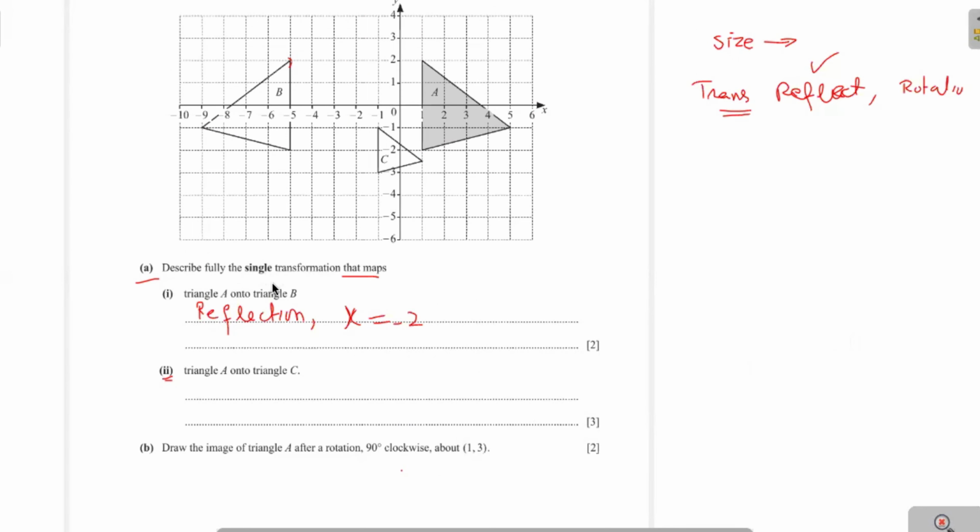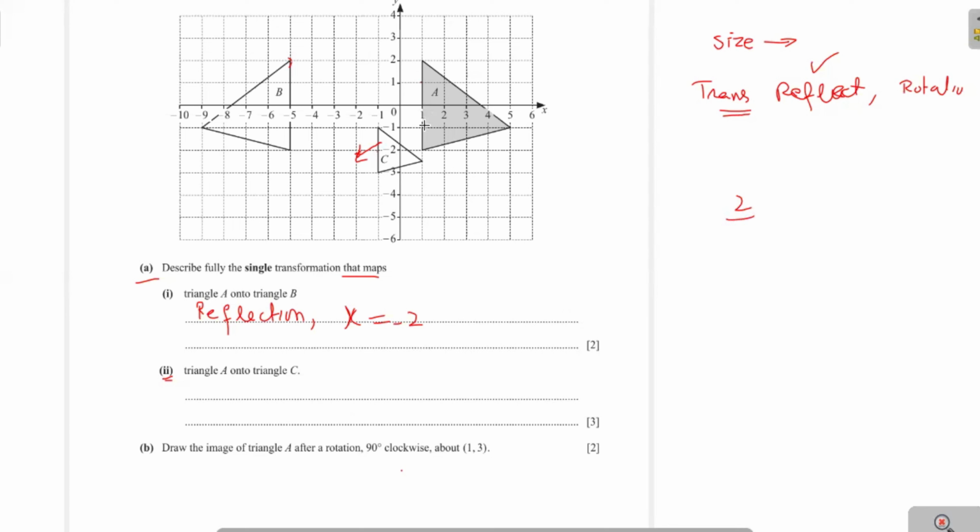Now question number 15, second part. Describe the transformation that maps triangle A onto triangle C. Look here, this triangle C's size is not the same, therefore this is an enlargement transformation. To find the scale factor of the enlarged figure, we will take the side length of the image, which is 1, 2, and we will take the corresponding side length of the object.